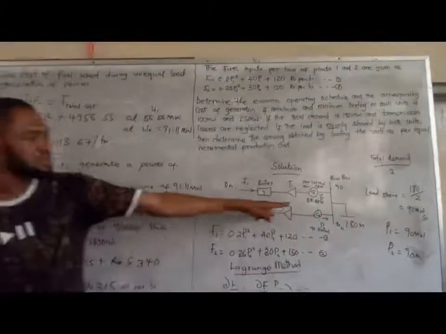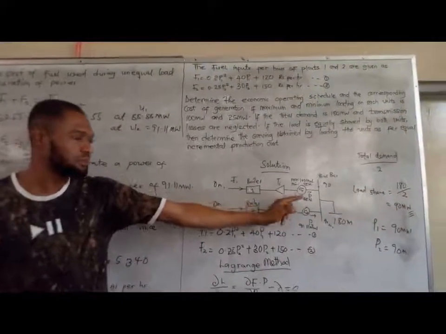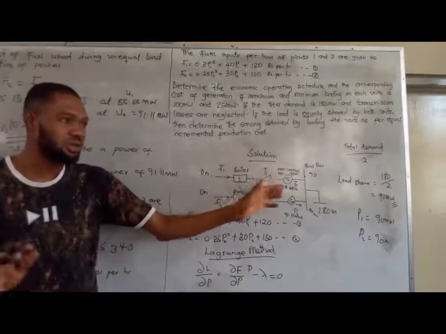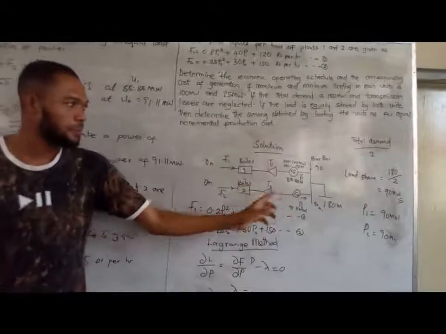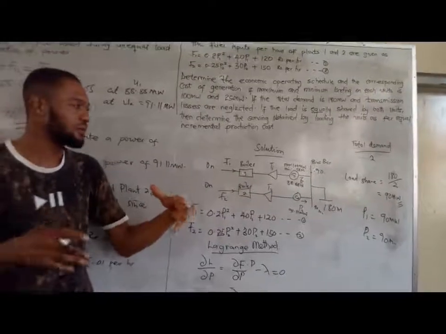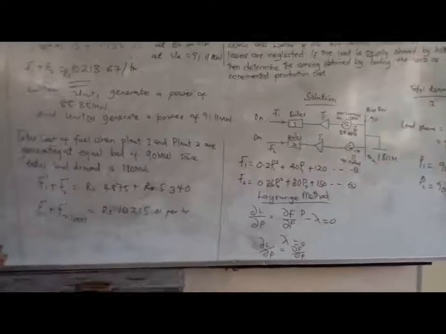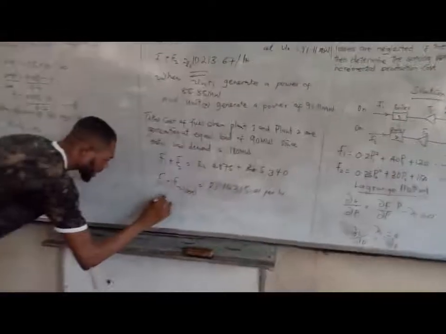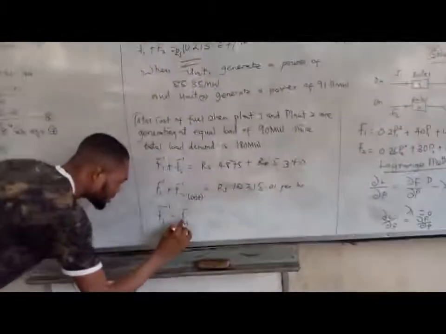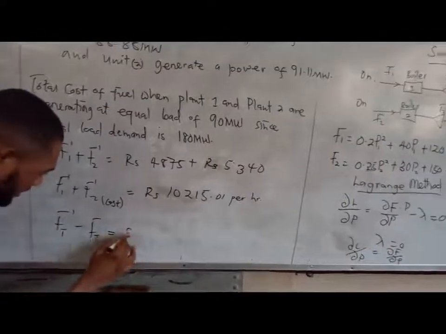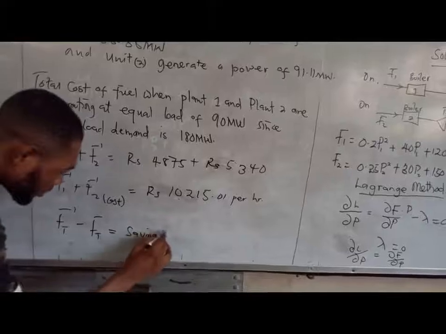So the amount of cost you are able to save is, on the time you are generating without sharing the load equally, you subtract that value from the time you are generating the load equally. That means that Ft prime minus Ft will give us the saving obtained.